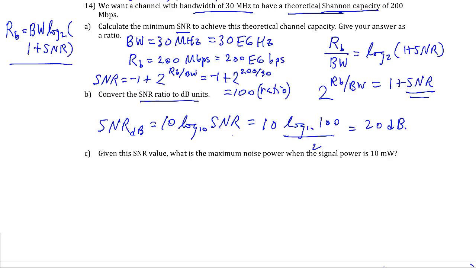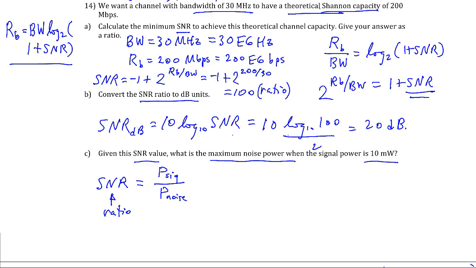Next it says, given this SNR value, what's the maximum noise power when the signal power is 10 milliwatts? We can write the signal-to-noise ratio equation either as a ratio or in decibels. I'll write it as a ratio first. Signal-to-noise ratio is the power of the signal divided by the power of the noise.